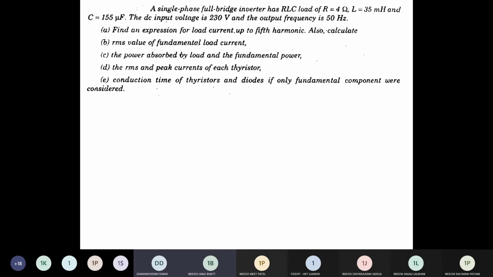See, what is the angle, 180? For angle 180 minus 51 degree it will conduct. How much angle is your load current lagging behind the voltage? 67.5. Calculate this. How much angle is your load current lagging behind the voltage?